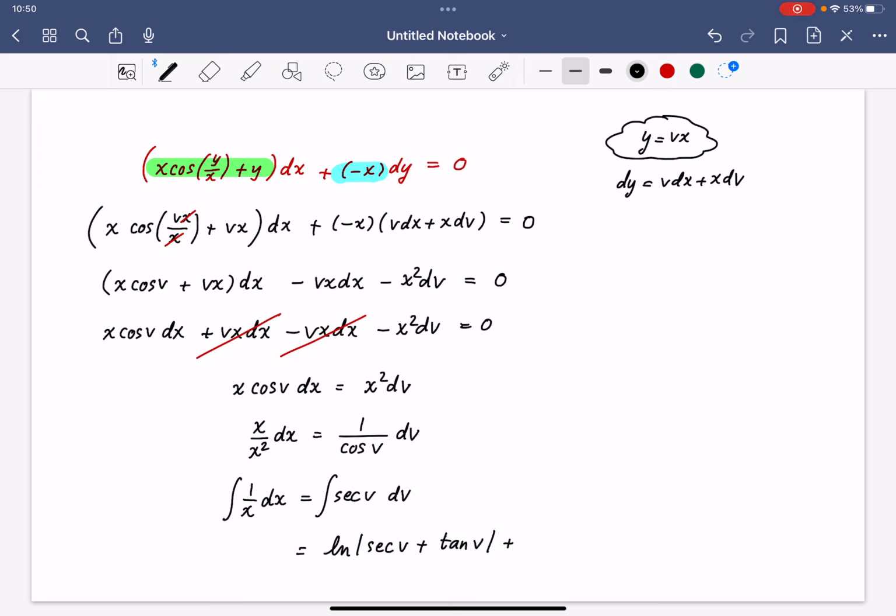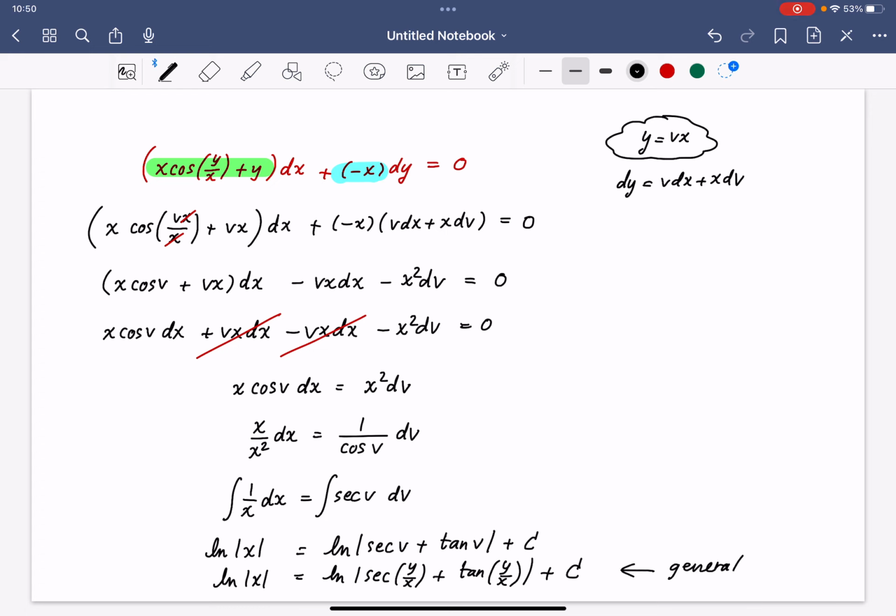You can look up the formula, because it's not an easy one that you can memorize. Integrating 1 over x, you get log absolute x. Once you change v back to y over x, that is your answer: log of sec(y over x) plus tan(y over x) equals log absolute x plus c. This is the general solution.